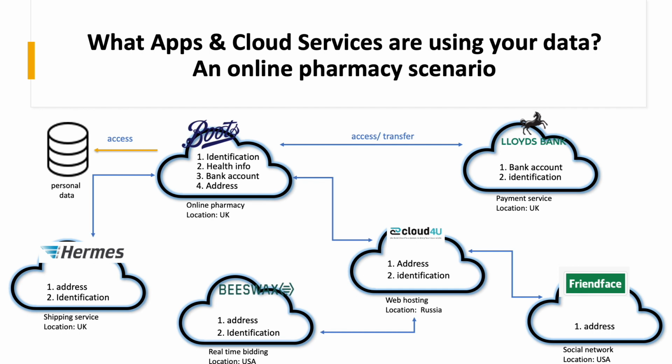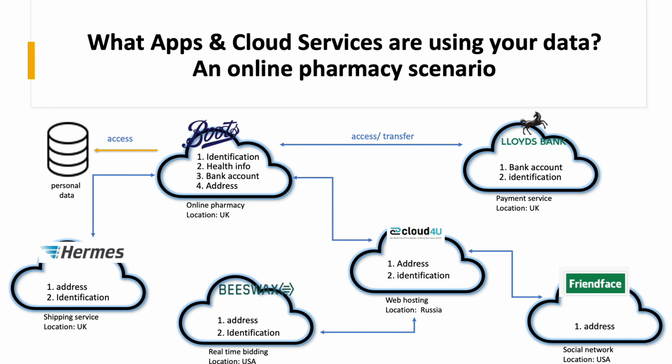The pharmacy's website is embedded with plugins from the social network FriendFace to allow features like and share. These plugins need to access personal data like the address of the customer for profiling purposes.